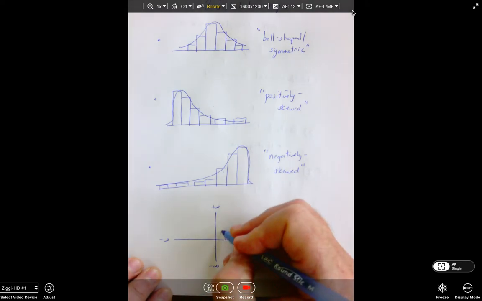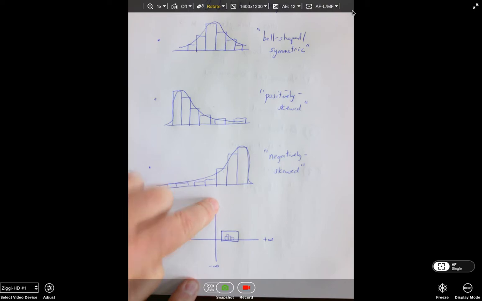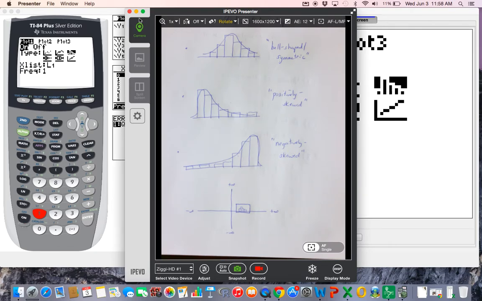Well, wouldn't it be really nice if we could ignore the domain from negative infinity to positive infinity on both and just tap into that small part of the graph that we want to look at that gives us the best picture? Well, it turns out, and by the way, the answer to that is yes, there's a way that we can do that.